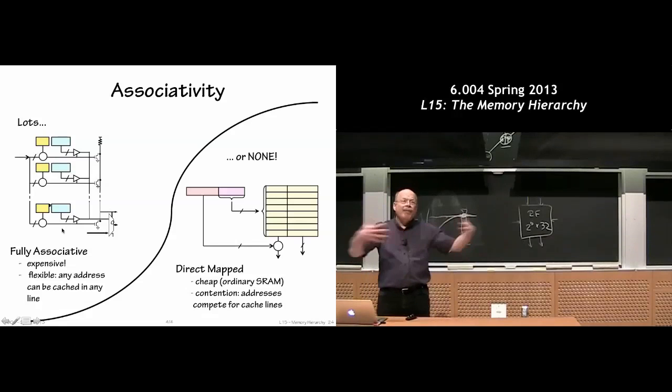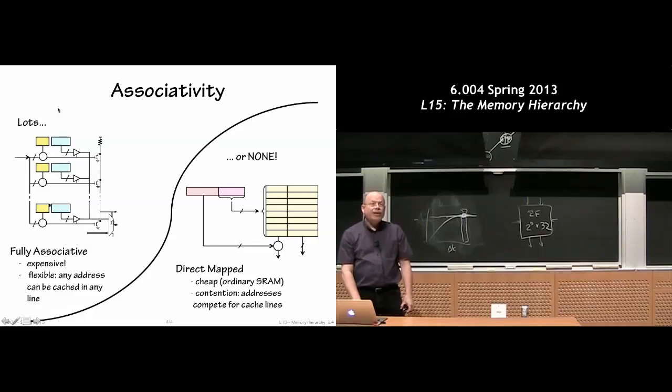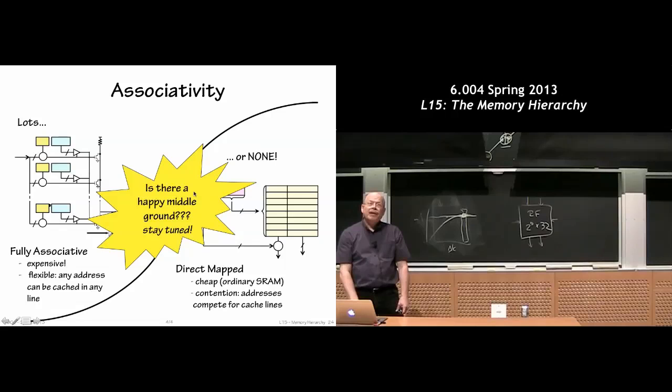I don't have the problem of two different addresses mapping to the same cache location, where I can only store one of them and the other is a miss. The fully associative cache is very attractive because it doesn't have any collisions, but it's very expensive in hardware. So our next step is to see, is there a happy middle ground?